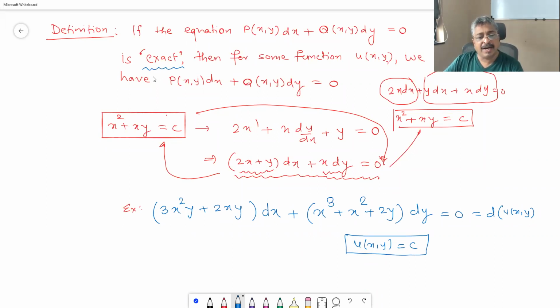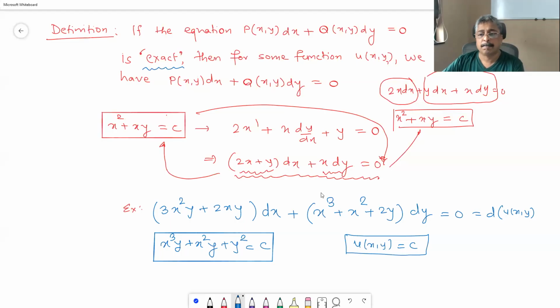So just check by trial and error if you can arrive at the original function. If you could identify that the given differential equation is of exact type, and by doing some trials you could arrive at an expression like this, maybe that is the best way to solve it.